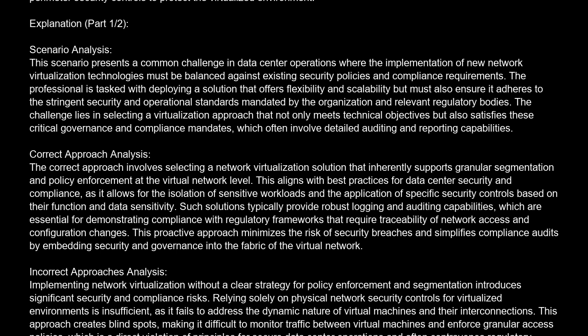Incorrect approach analysis. Implementing network virtualization without a clear strategy for policy enforcement and segmentation introduces significant security and compliance risks. Relying solely on physical network security controls for virtualized environments is insufficient, as it fails to address the dynamic nature of virtual machines and their interconnections.